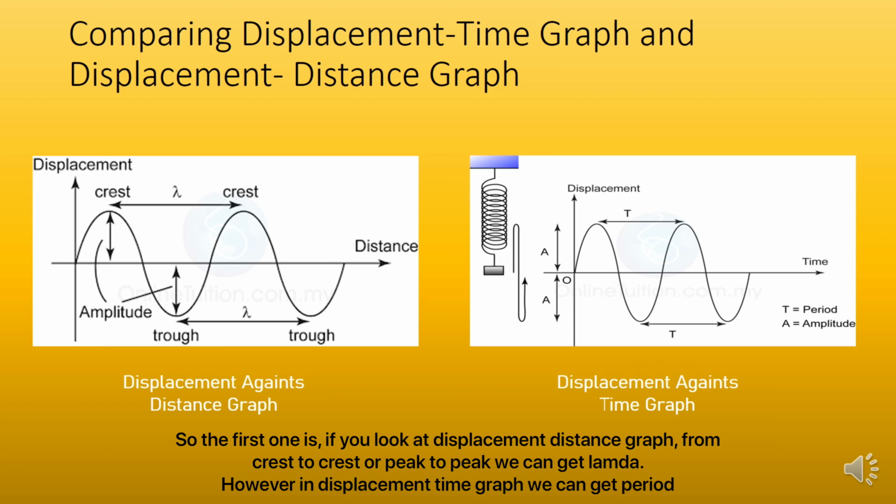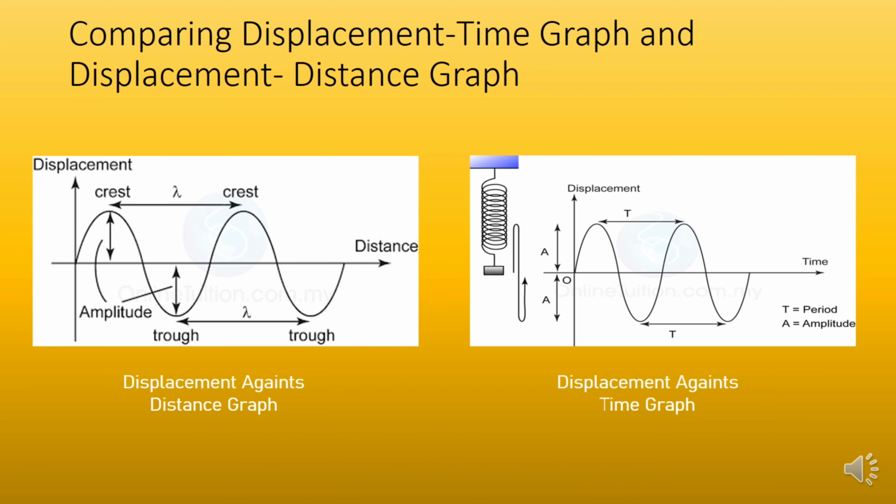However, in the displacement against time graph, we can get the period of the wave from peak to peak or crest to crest. Here we can get amplitude, and here we can also get amplitude. So basically, amplitude in both graphs is the same.